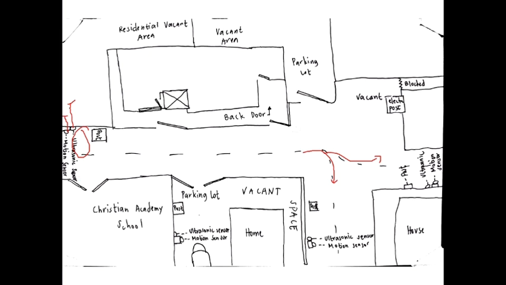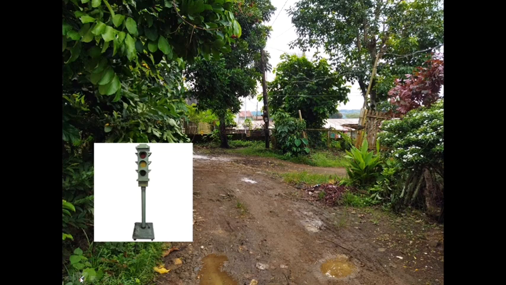The ultrasonic sensor is for sensing the hump of the vehicle, because if it is only a motion sensor, it could identify the motion of a person walking by the road. So in total, there are 2, 4, 6, and 8 motion sensors and ultrasonic sensors. Together with this, there is a post that will indicate a light, either red, blue, or orange light, like this.